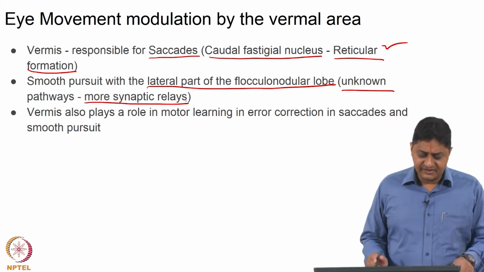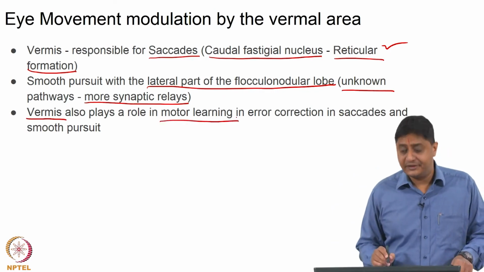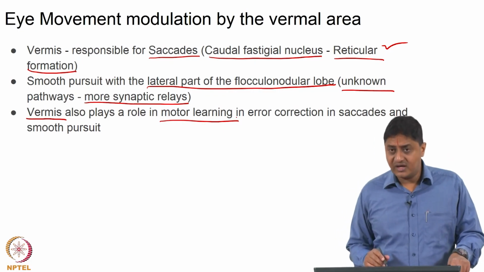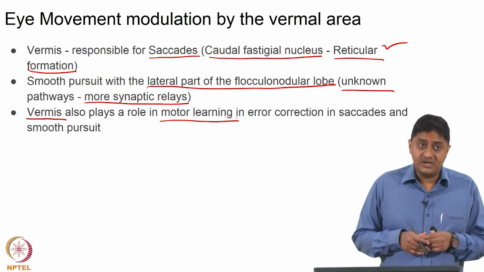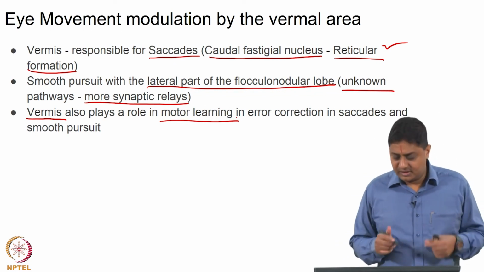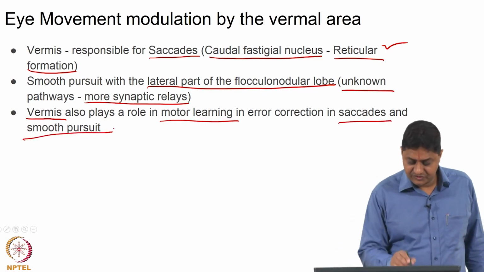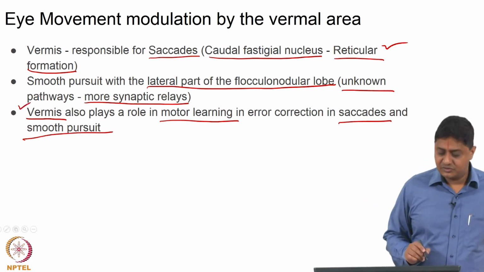Also, it is hypothesized that the vermis plays a crucial role in motor learning. What is motor learning? Motor learning refers to the phenomenon where there is a correction of errors made either in the short term or in the long term, especially when it comes to saccade and smooth pursuit error correction. It is believed that the vermis plays a crucial role.